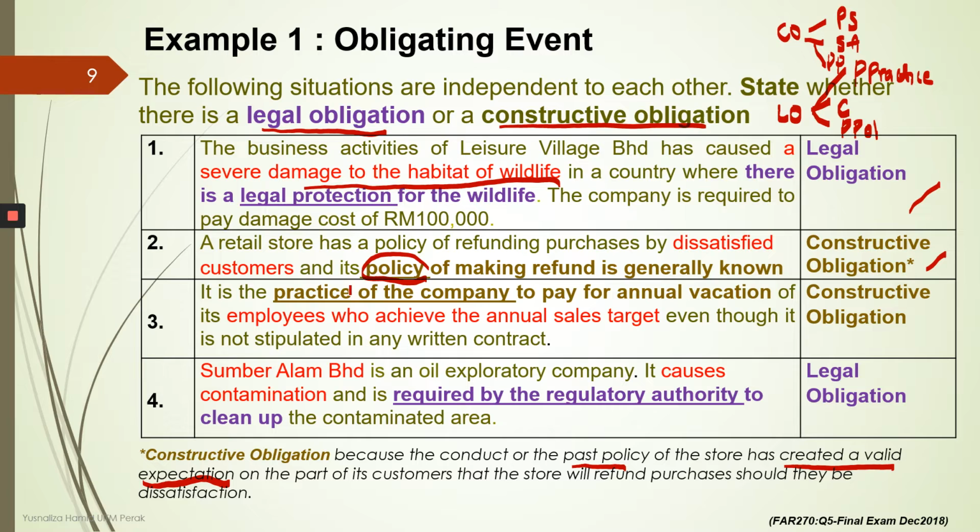The third one, if you look at the word here, is the practice of the company. Not just the first time, but it has become a practice for the company to pay annual vacation to those employees that achieve the annual sales target. However, that was not written in any of the contracts. So it is because of the past practice that it has created a valid expectation for the employees that the company is likely to repeat the same practice again.